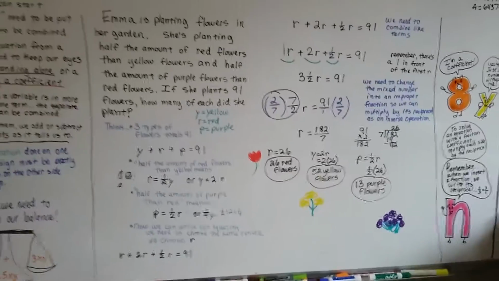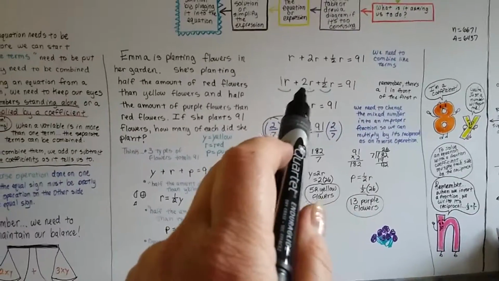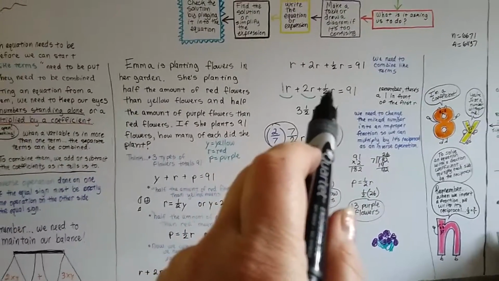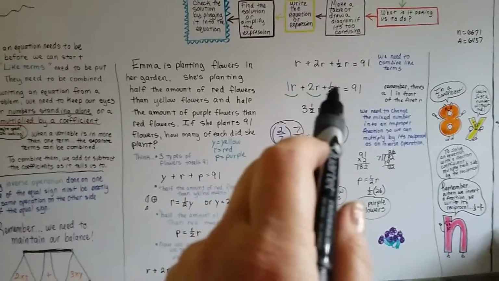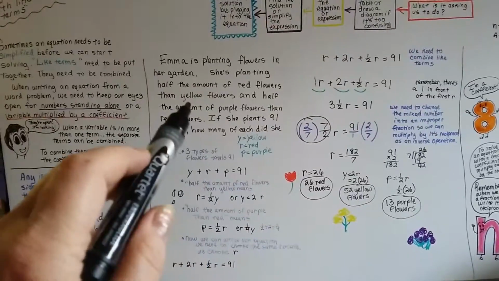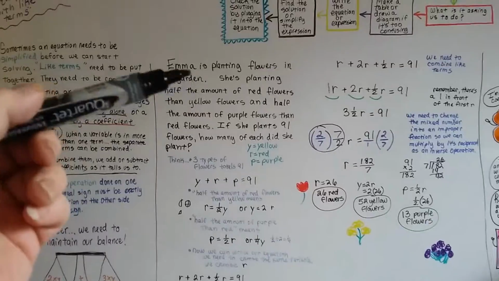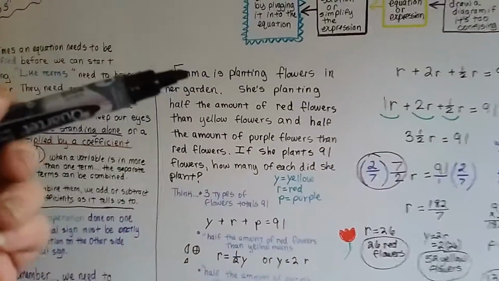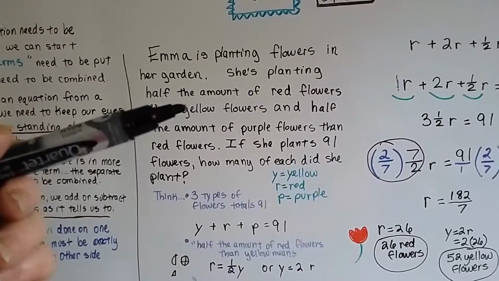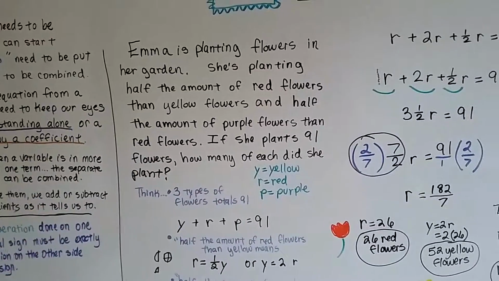See? So sometimes you might have a whole number next to a variable as a coefficient mixed into a problem that's got a half. And then when you see that in the equation it says that, you know, like the red flowers are half the yellow and the purple are half the red, don't let it scare you.